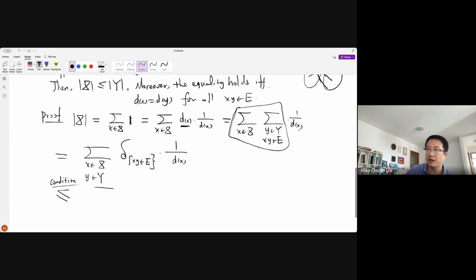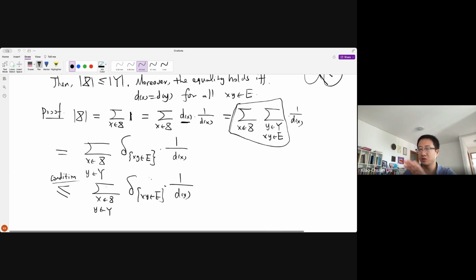So this is smaller or equal than the sum over x in X, y in Y of delta(xy in E) times 1 over d(y). This inequality holds when xy is an edge, but it also holds if xy is not an edge, because both are 0. Maybe I speak too much. If you already follow me, the rest will be very simple because it's symmetric.